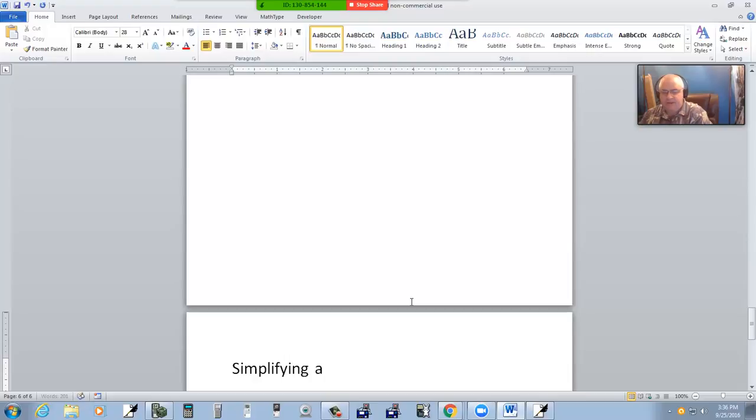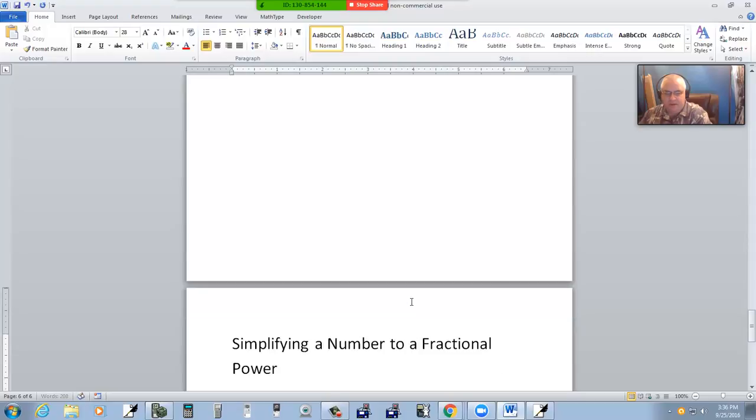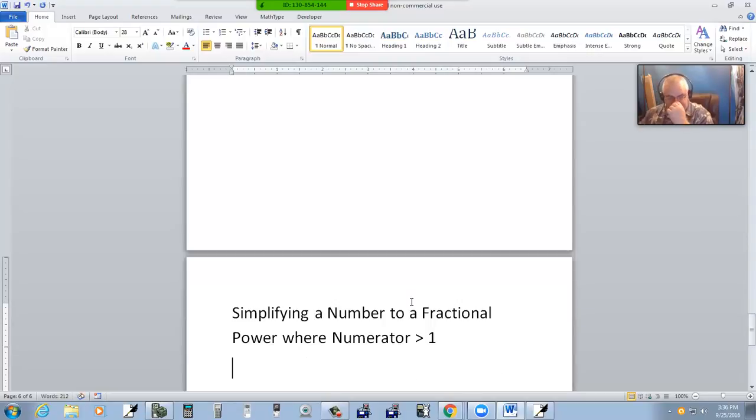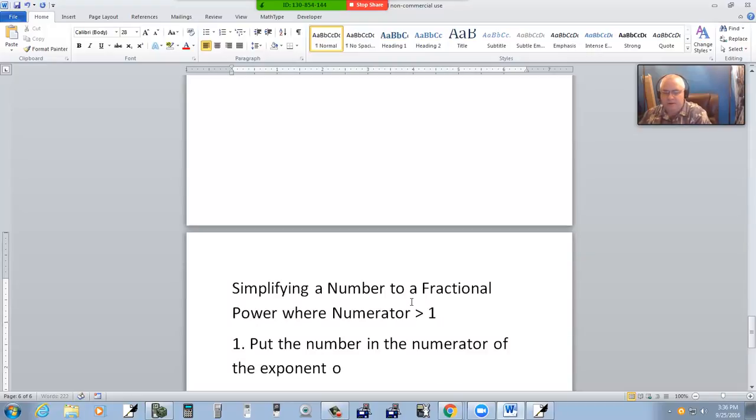Now simplifying a number to a fractional power, rational exponents, where the numerator is greater than 1. Step 1. Put the number in the numerator of the exponent on the outside of a set of parentheses.